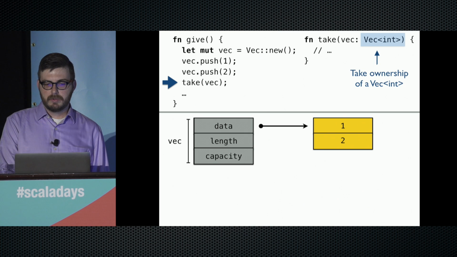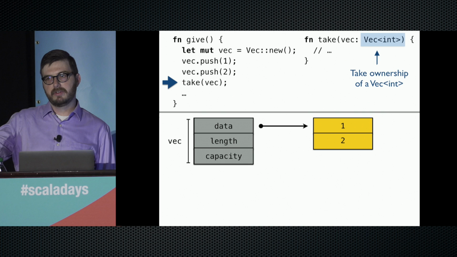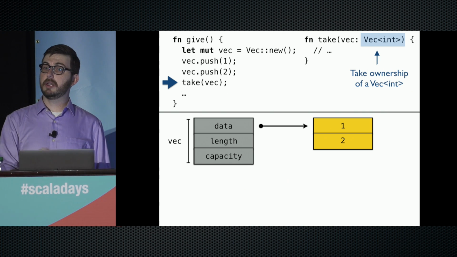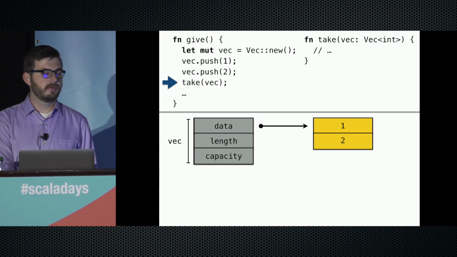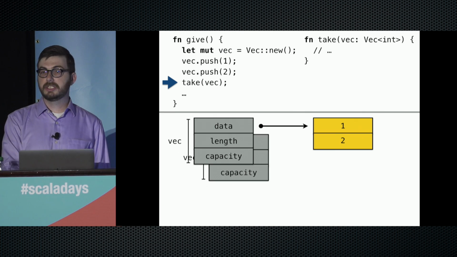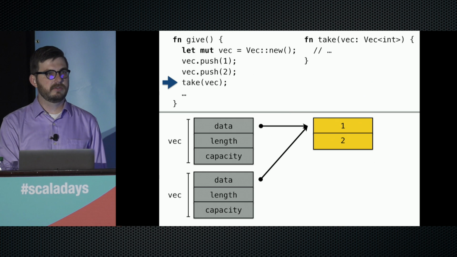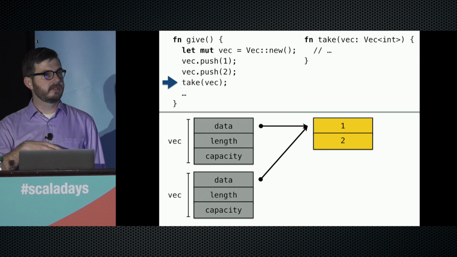OK, right. So I was saying by writing Vec as the argument type here, we're basically saying, please give me ownership of the vector. And so when that happens, what happens at runtime is we make a shallow copy of the vector, so those 3 words of information, to live on the stack frame for take.